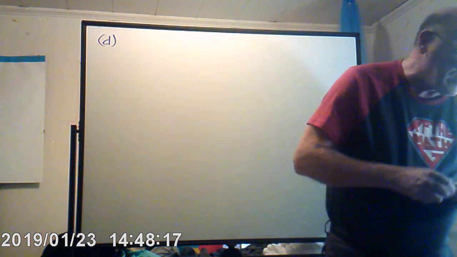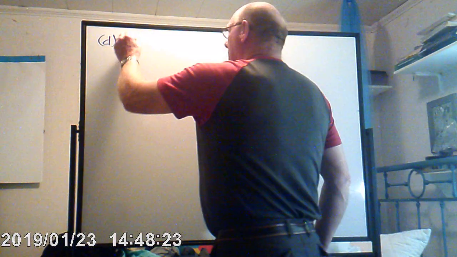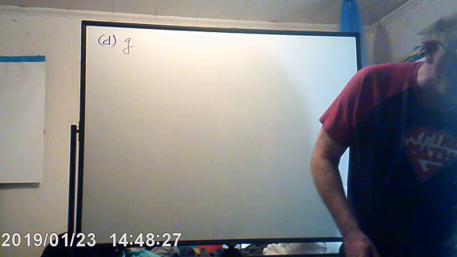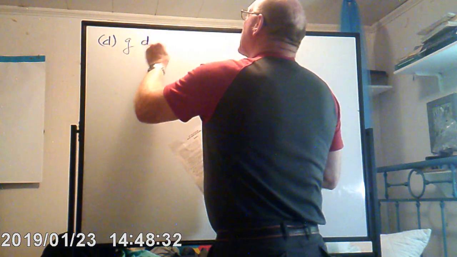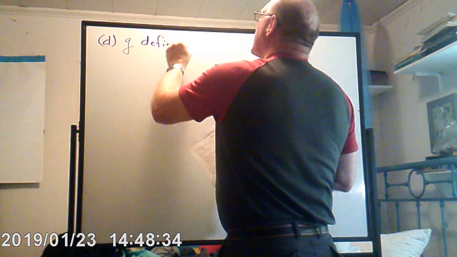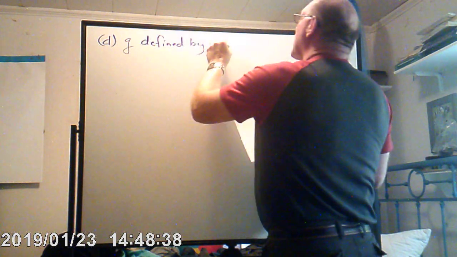Alright, well, putting that aside, let's do D. Well, they talk about the function G. Alright, just bear with me as I write this down. G is defined by G at x.